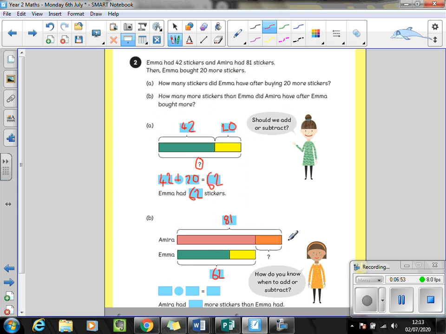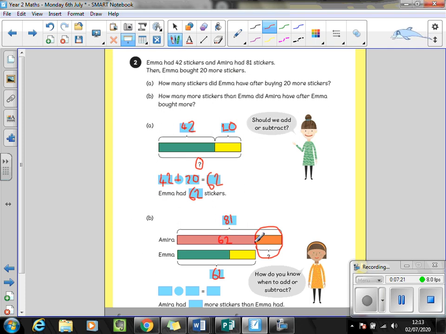So we're going to write that here because that bar, the pink and the orange combined, represent that they're at 81 altogether. Now looking at where Emma's bar ends, can you see it ends at the end of the pink bar in Amira's? So we know that the value of that pink bar is 62. And we're trying to find out the value of the orange bar because we want to know how many more stickers Amira has now compared to Emma's 62.